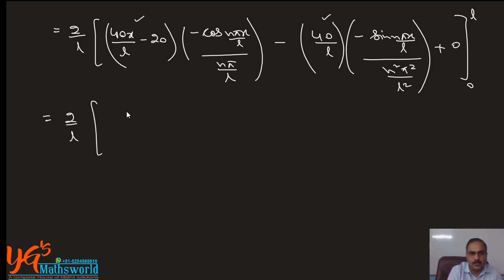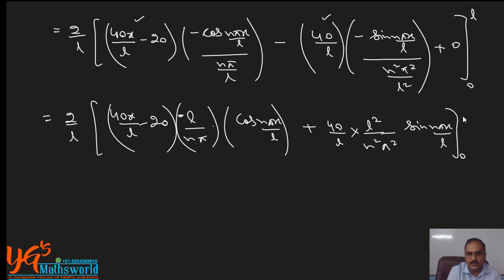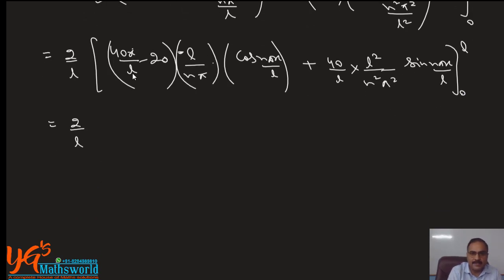So 2 by L, now 40x by L minus 20 into L over n pi with negative sign into cos of n pi x by L. Minus and minus plus 40 by L into L square over n square pi square into sine of n pi x by L within the limits 0 to L. Now upper limit minus lower limit. 2 by L. If I substitute upper limit L, L and L cancel out.